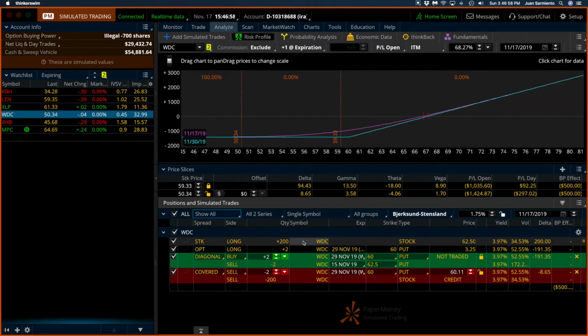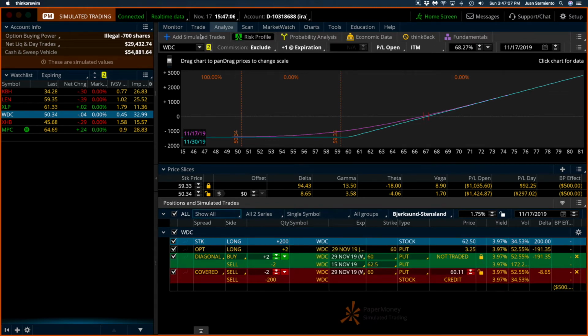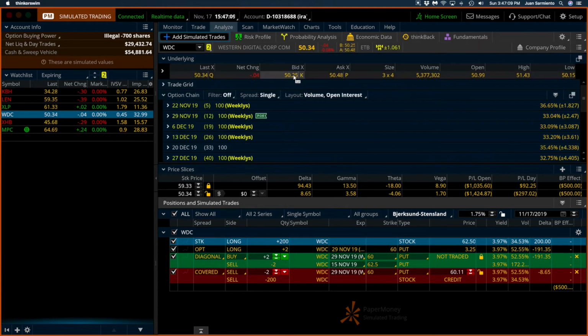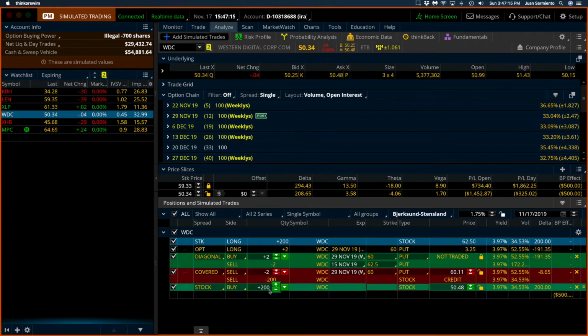Let me just analyze, let's say, okay, we need to assign the shares, so let's go to simulated trades, go on the ask, click once, and control key twice, 200 shares, okay? And the price is 62.55, which matches my short puts. That essentially they expire and I get assigned the shares.